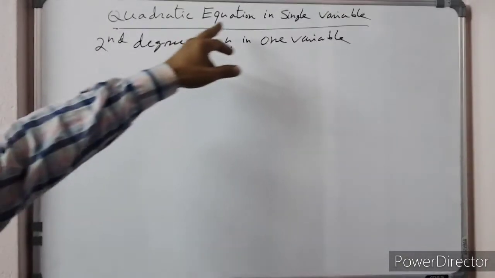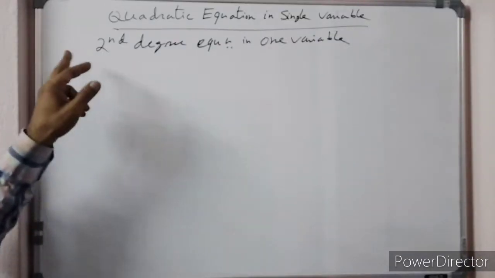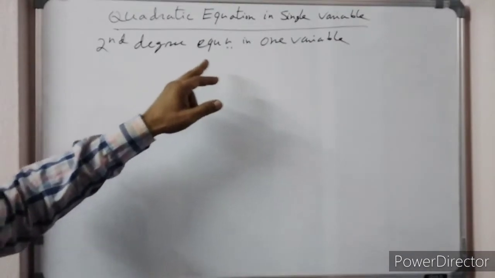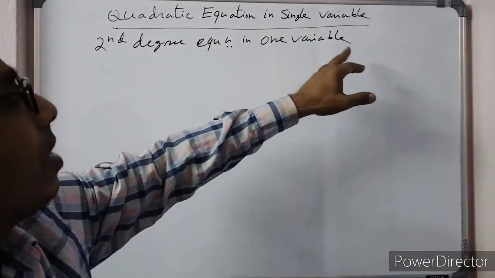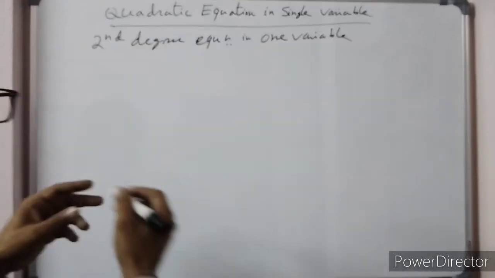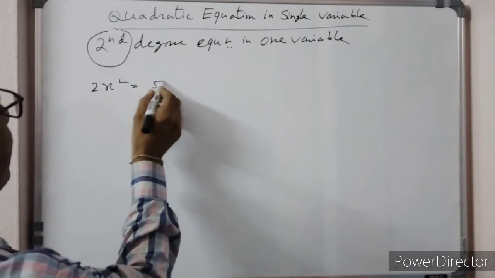So the definition of the quadratic equation in single variable is: an equation with single variable and having the power or degree 2 is called the quadratic equation. As for example, 2x square equal to 5.